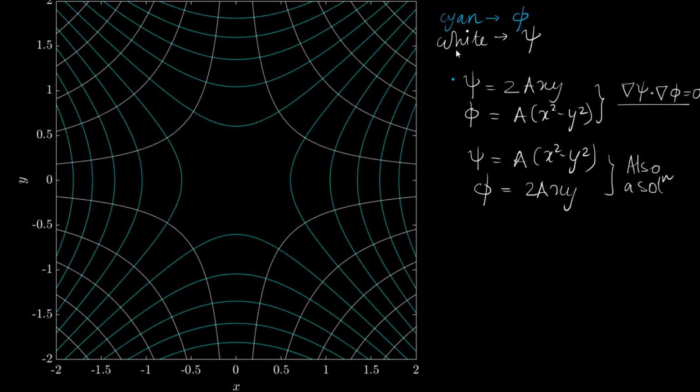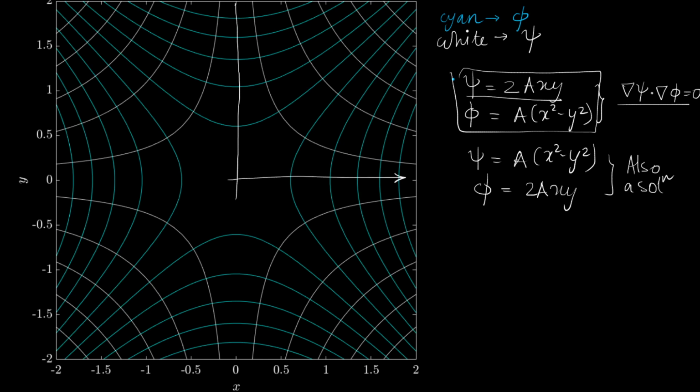So now if we focus on these particular solutions, psi equal to 2axy, if I draw the x-axis and the y-axis, the white curves, the iso psi lines, that is this particular function, is actually a flow like this, and it is a form of an idealized flow around a right angle corner.